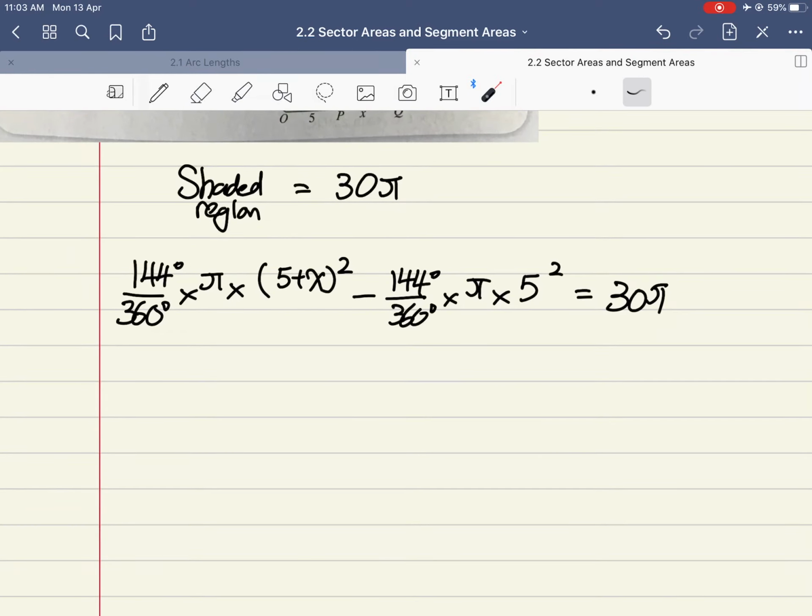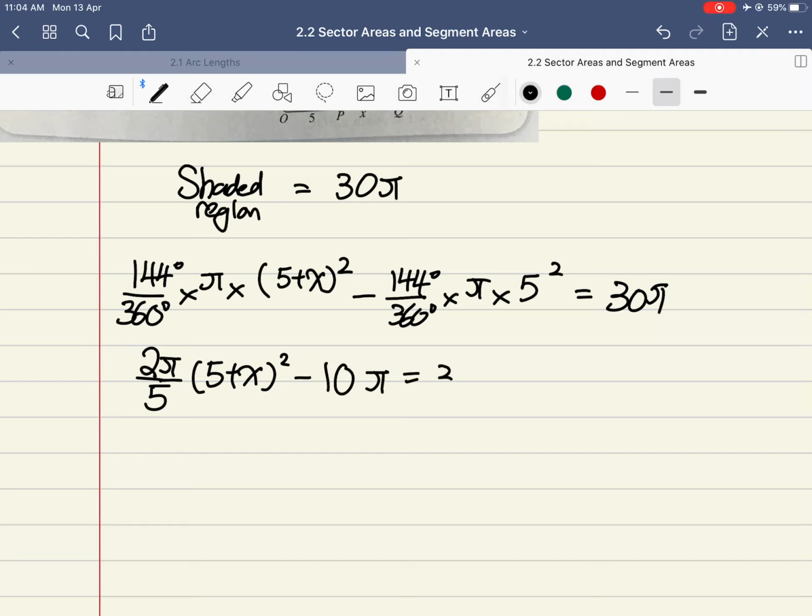The 30 pi just remains. So if I start to simplify my working over here, this 144 over 360 gives me 2/5. So it's 2 pi over 5 times 5 plus x squared minus 10 pi is equals to 30 pi.